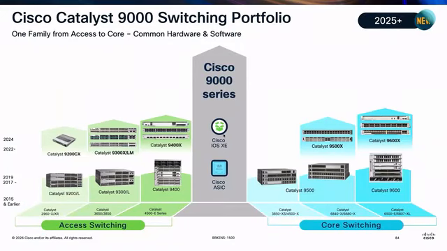So I assume that you're pretty familiar with the Catalyst 9000 family of switches, and it's been with us for quite a while, and we keep extending that family with new additions.